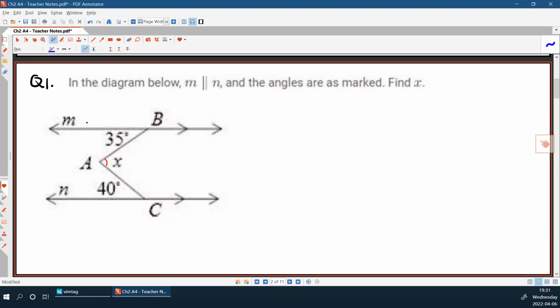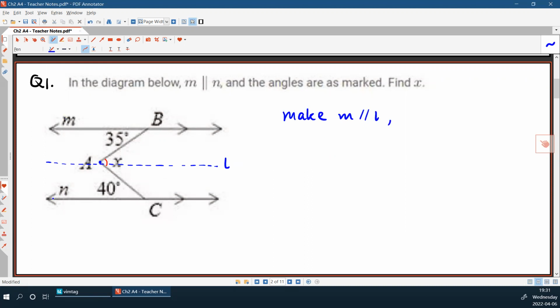Note here, line M is parallel to line N, right? So if I make a line here that is parallel to line M and passes through point A, for example, let's call it line L, then M is parallel to L, right?